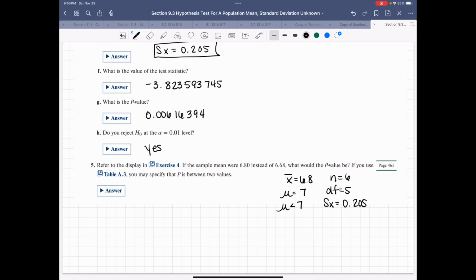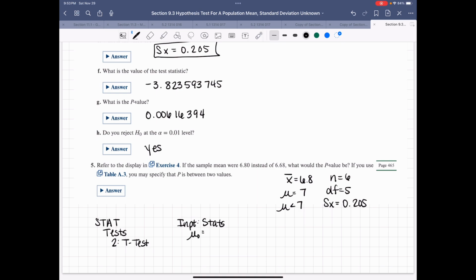So in the calculator, we're going to go to Stat, and we're going to go to Tests, and we're going to pick 2 this time, a t-test. Okay, our input, once again, is going to be stats.